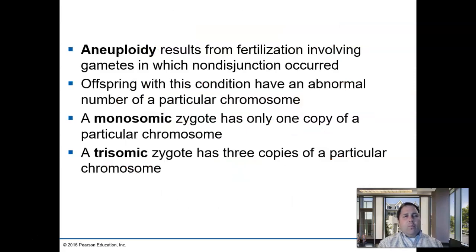Aneuploidy is what happens when those gametes that have the wrong number of chromosomes fertilize. So offspring that have aneuploidy have an abnormal number of a particular chromosome. A monosomic zygote would only have 1 copy of a particular chromosome. A trisomic would have 3 copies of a particular chromosome, and that's going to depend on whether you combine with a gamete that has an extra or a gamete that's missing 1.